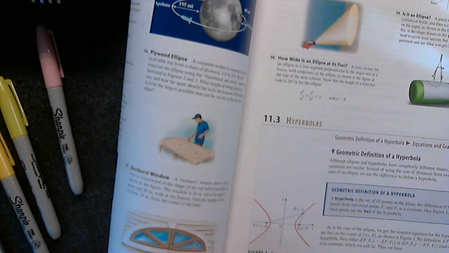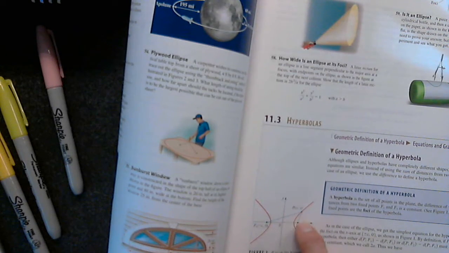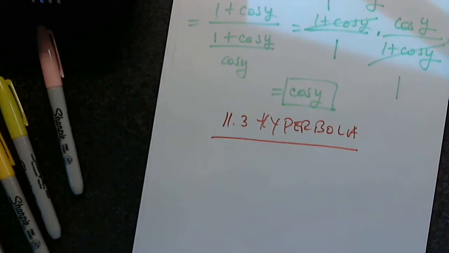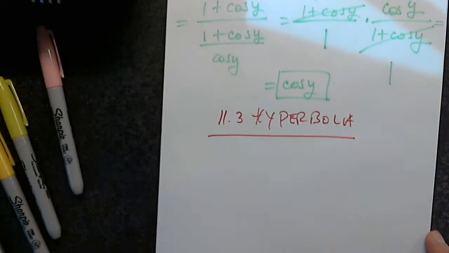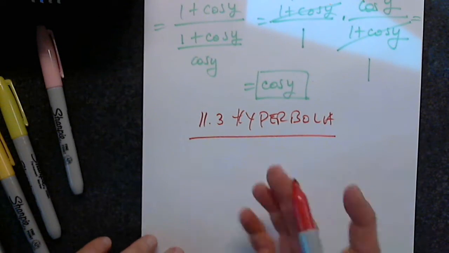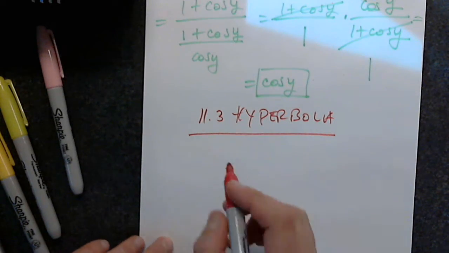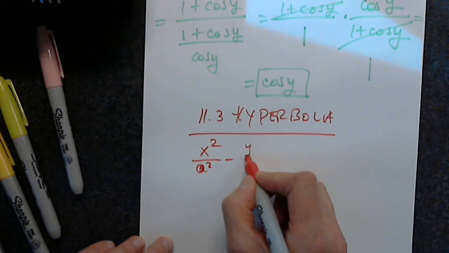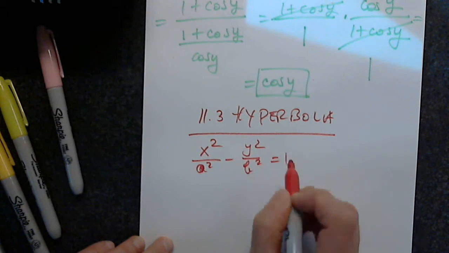So this time the difference d1 minus d2 is the same. And that's how they developed the equation of the hyperbola, which will be x squared over a squared minus y squared over b squared equals 1.